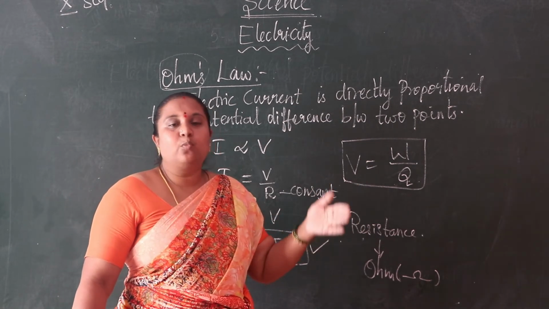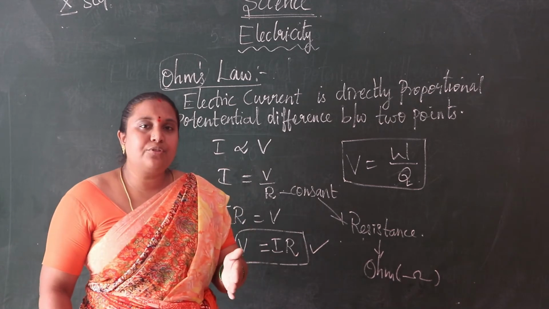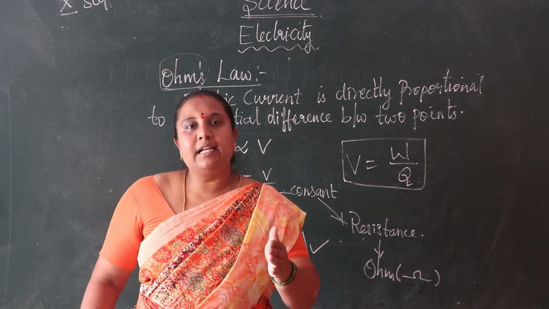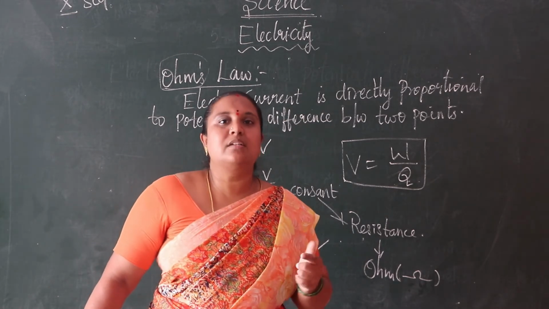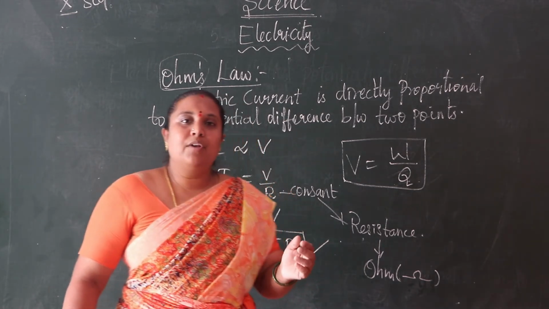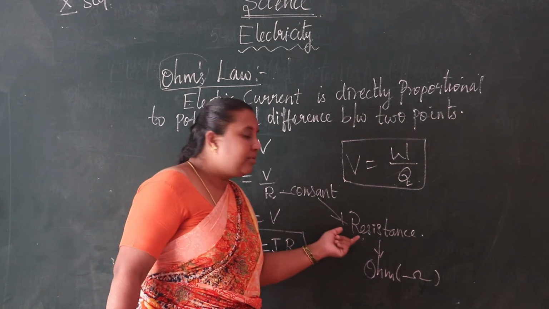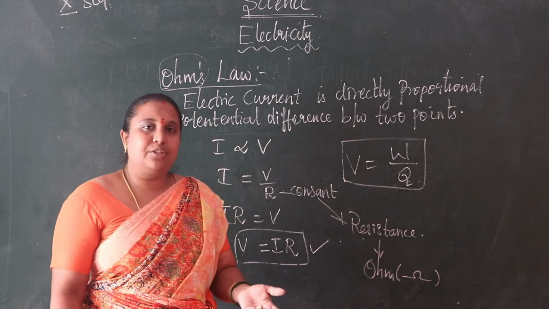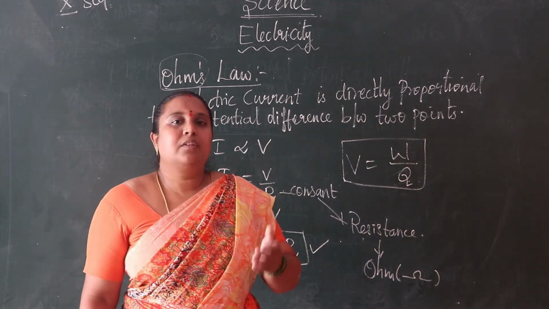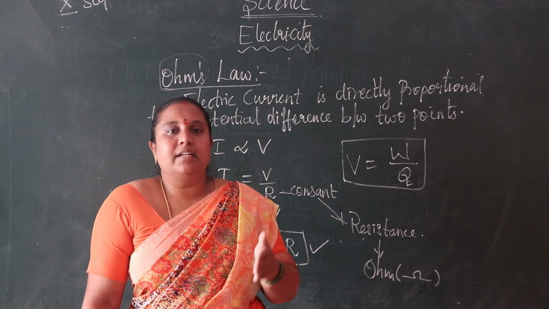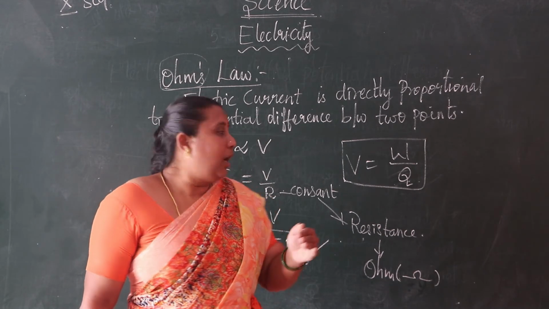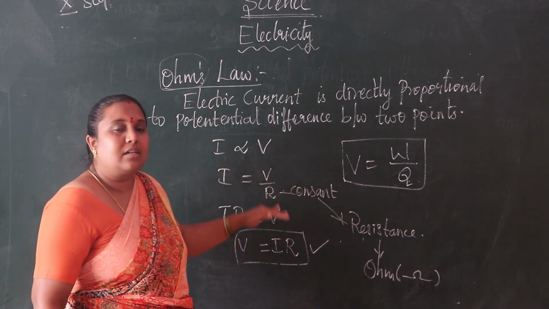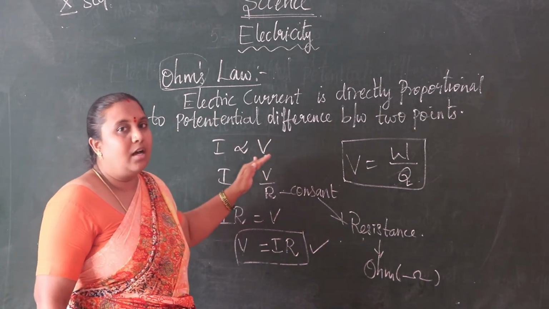The component which resists the electric current flow in an electric circuit is called a resistor. Understood, children? We use a resistor in an electric circuit to resist the electric current. So now we are clear what is a resistor and what is Ohm's law also.